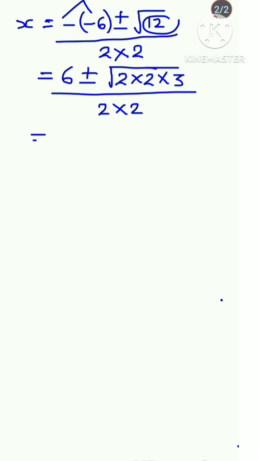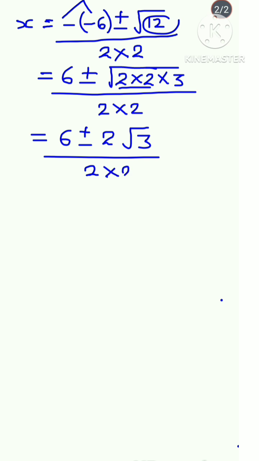Again 6 plus minus, and here this 2 has a pair, so 2 can be taken out: 2 root over 3, 2 into 2.